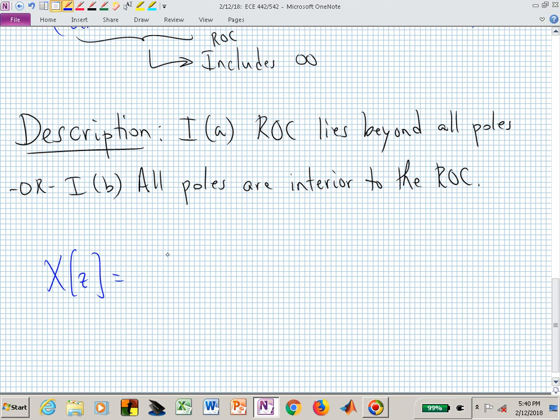And what is our z transform expression? It's the sum from minus infinity to infinity of this time sequence, little x of n, z to the minus n.